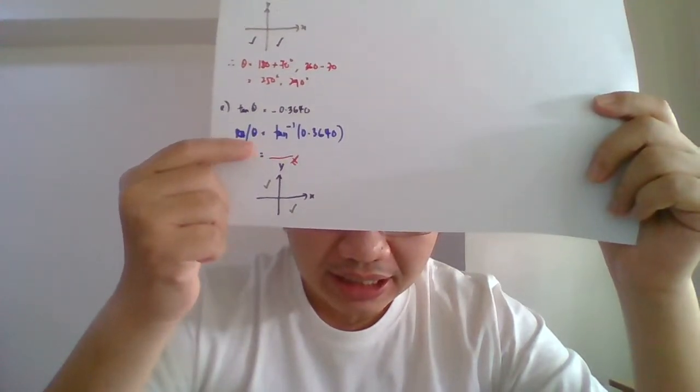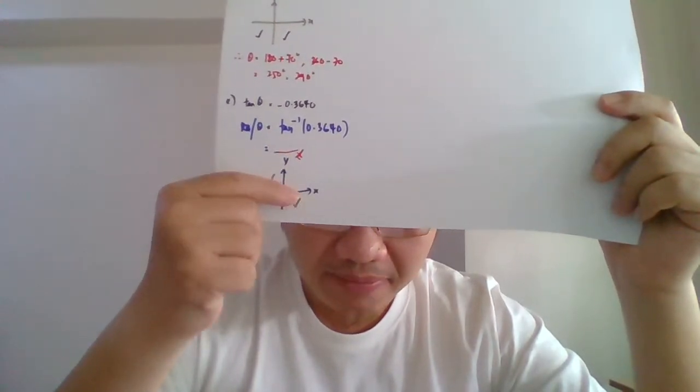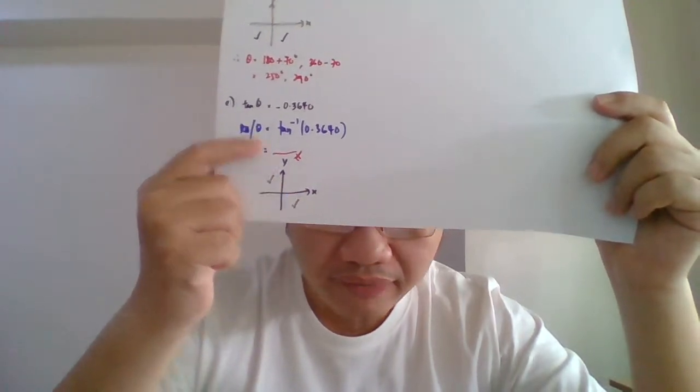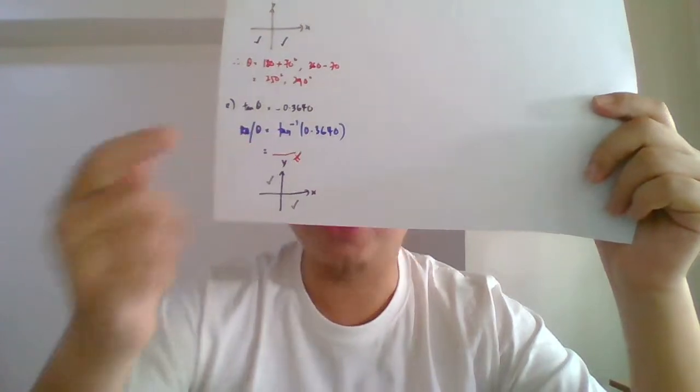After you find the RA here, we label the second and fourth quadrants, which give us a negative answer for tangent. Therefore the final answer will be: the second quadrant is 180 plus RA, and the fourth quadrant is 360 minus RA.